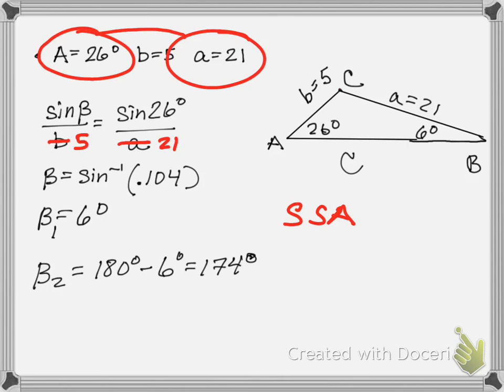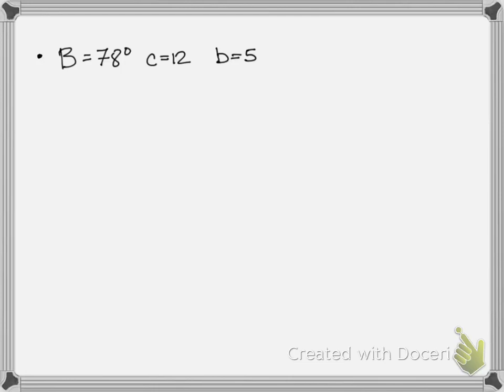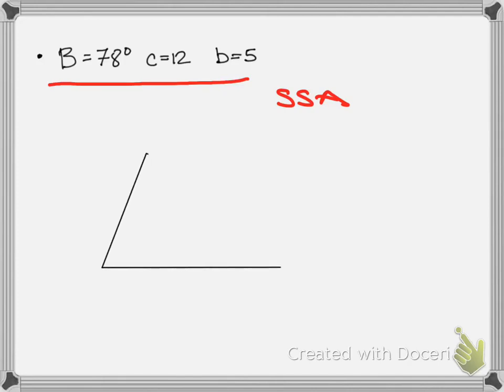Just one other note, and this video is running a little bit longer than I like videos to run, so I'm not going to do this last part, but I am going to comment that this is a third case of SSA, and I'll show you the picture. The third case of SSA is here. I've got an angle B that is 78 degrees, and I've got a side C, I'll put here, which is 12, and then side B is over here, right?